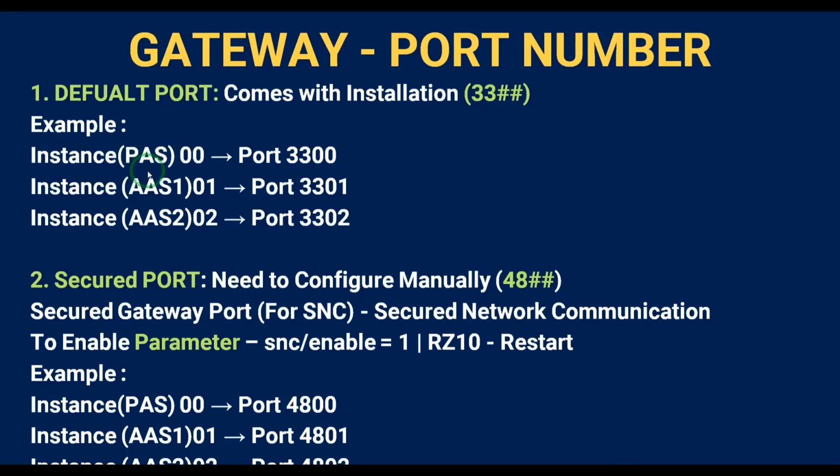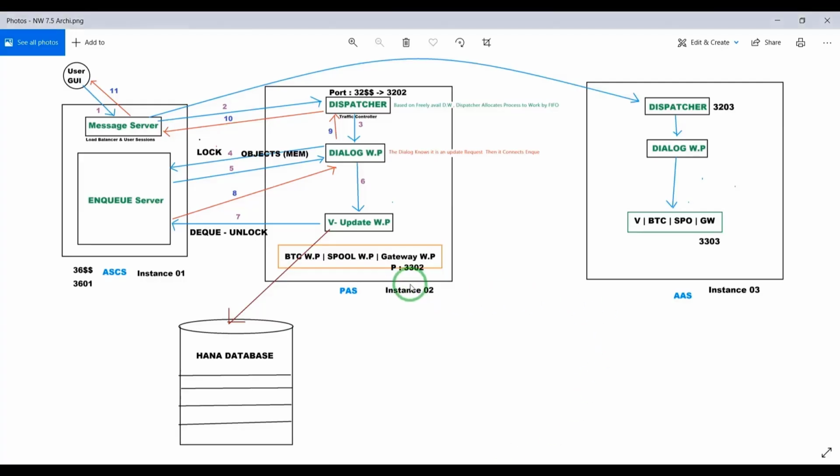If your PAS instance is 00, the port number will become 3300. If you install additional application server 1 with instance number 01, the port number will become 3301. If it is AS2 with instance 02, the port number will become 3302. Like this, based upon the instance, the port number will change.